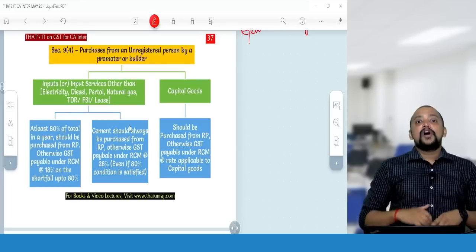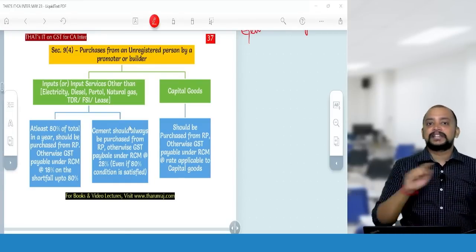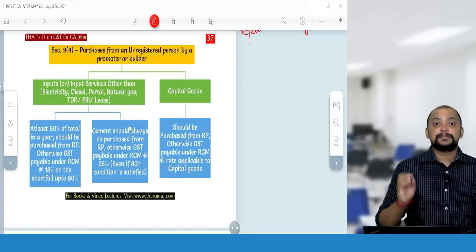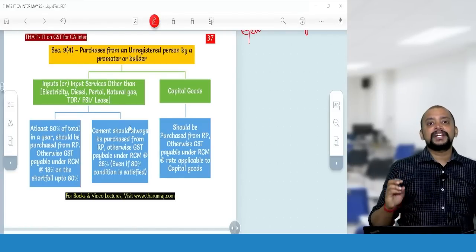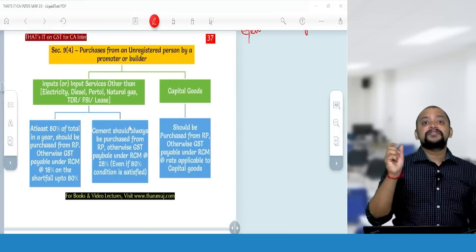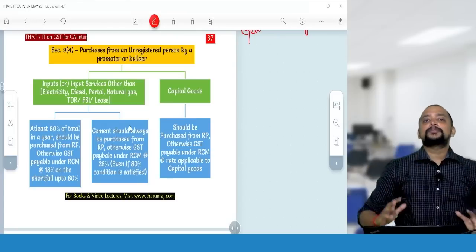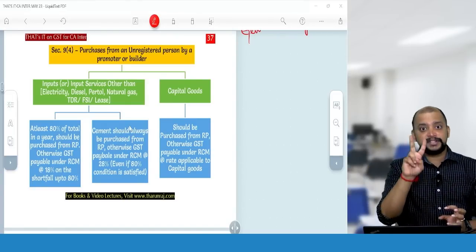Next, number 3, all other inputs and input services purchased from unregistered person, divided by total inputs and input services including cement. Now see the percentage. Suppose the percentage is 20% or more, then on the differential amount, GST is payable under RCM, because the condition is that 80% should be purchased from a registered person. Means how much is allowed to be purchased from an unregistered person? 20%.